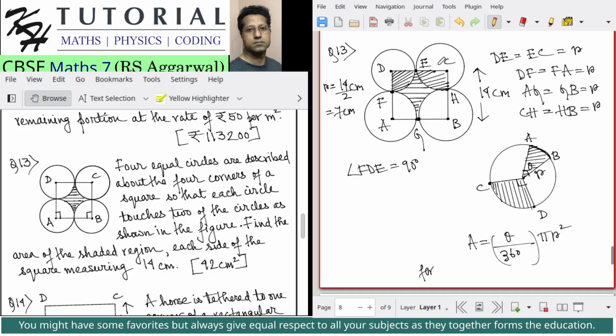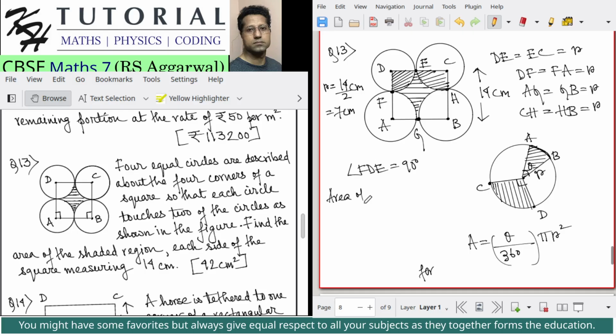So the radius of all the circles at all the four corners is the same, and it will be 7 centimeter. Okay. And since all the sectors at the four corners have a central angle theta equal to 90 degrees, their area will be equal to 1/4 the area of each circle.